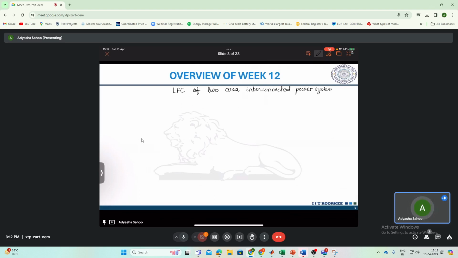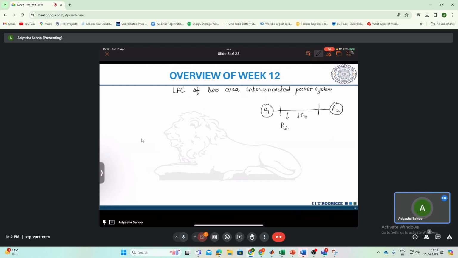So let's say this is your first area, area 1, connected at this bus 1, and this is the tie line connecting it with the other area, that is area 2. Both these areas, area 1 and area 2, are connected by this tie line, and we assume that this is purely reactive.